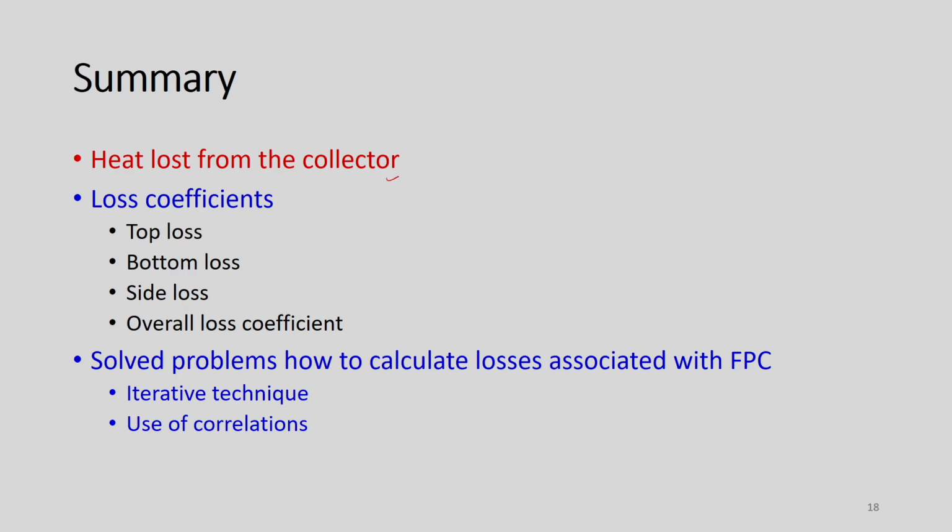There are two techniques, one is the iterative technique for calculation of UT or top loss coefficient, or we can go for a standard correlation for estimation of UT values. I hope you understand what we have discussed today, and these are the basis of estimation of losses, which finally gives the information about the performance of a flat plate collector.